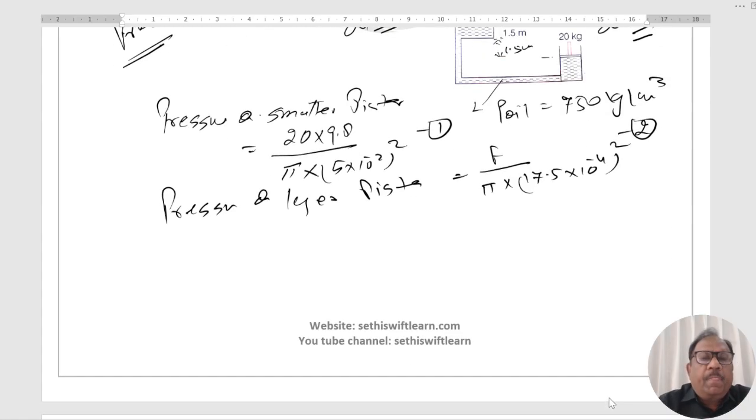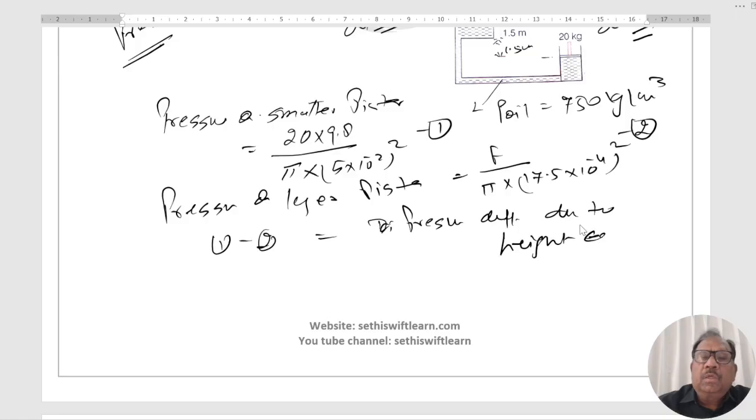Pressure difference, 1 minus 2, will be equal to the pressure difference due to the height column.